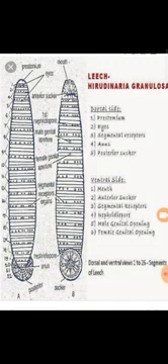Segments 4 to 6, that is 4, 5, 6, are 3 segments with 3 annuli each, so 3 into 3, 9 annuli. Segments 7 to 22, each having 5 annuli, 5 into 16.